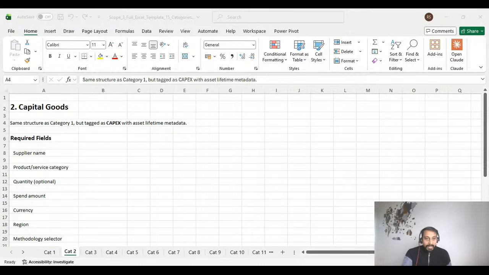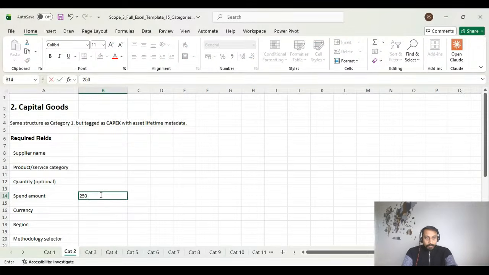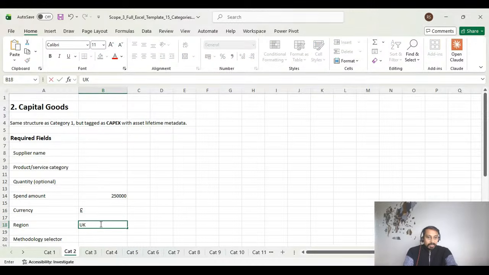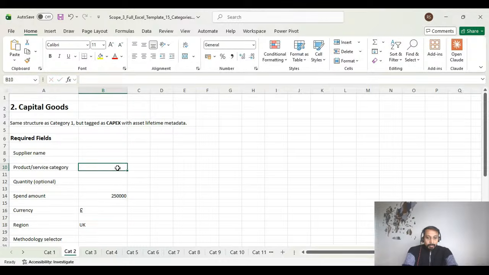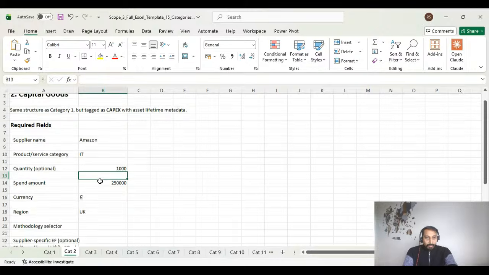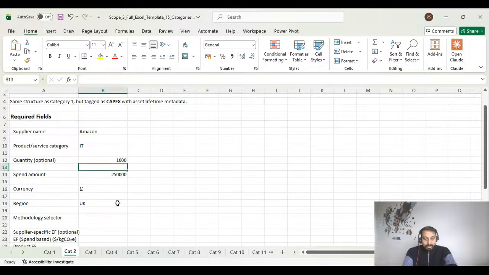So here the spend amount, let's say, is 250K, and the currency again is the pound. So you can mention that currency. Region is the UK. Product service category is IT. Supplier quantity is optional, but you can mention it. It might be utilized for the methodology selectors and all.